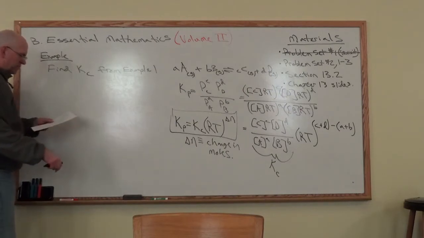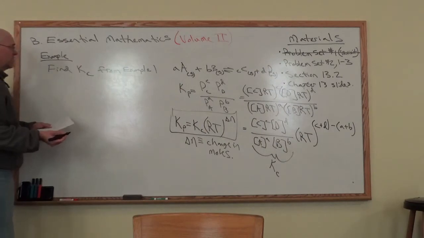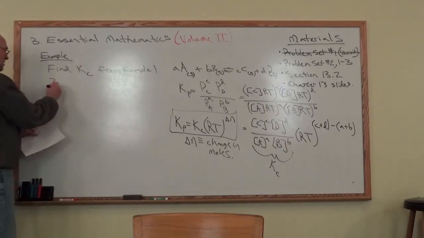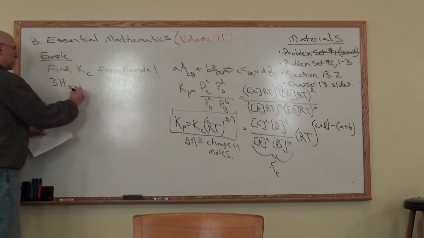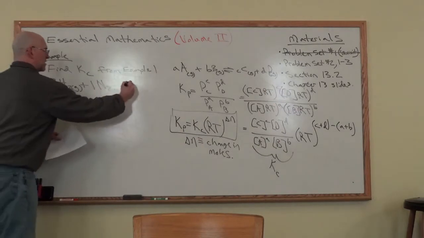Yeah, okay. I think we did this one already. So example one, I think I gave you a KP, and now I'm asking you to find the KC. So this is the same reaction we seem to always do. Putting that there for emphasis.